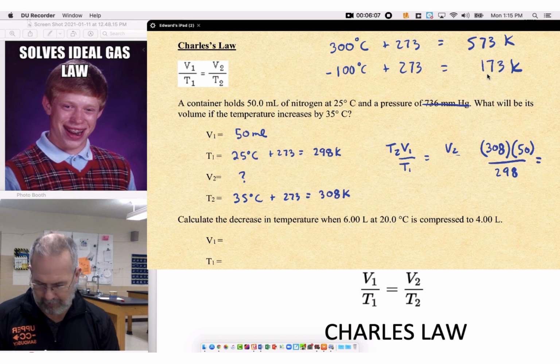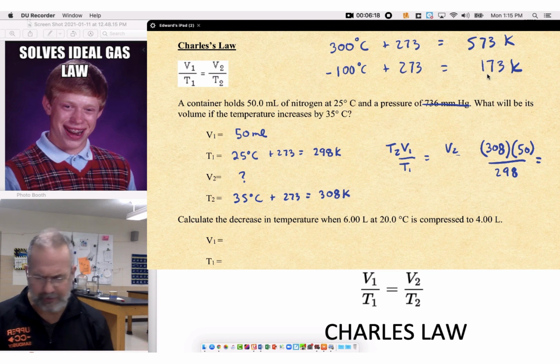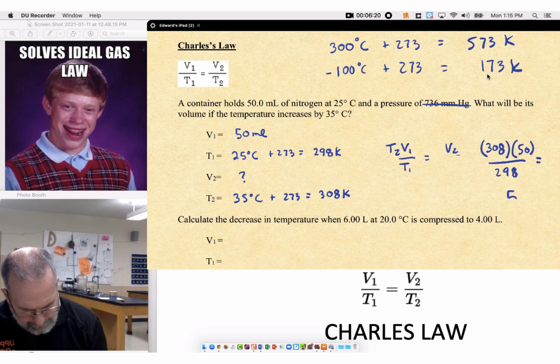So in my calculator, I'm putting 308 times 50 divided by 298. And I'm getting 51.7. And that would be milliliters.